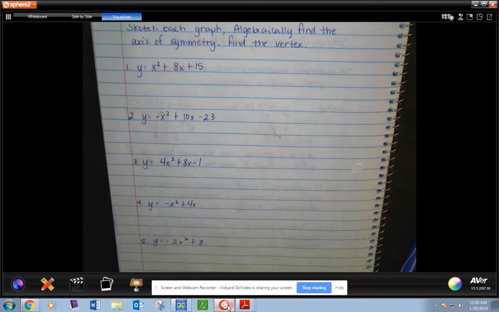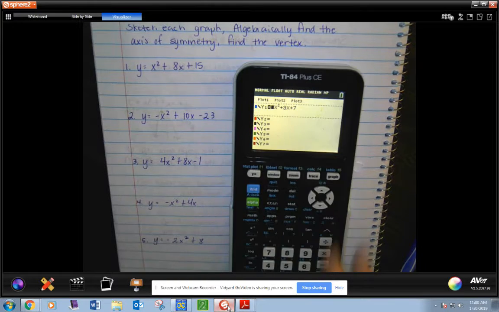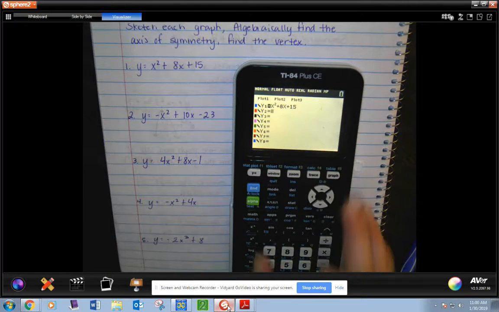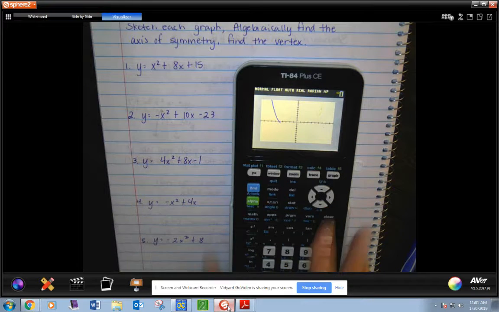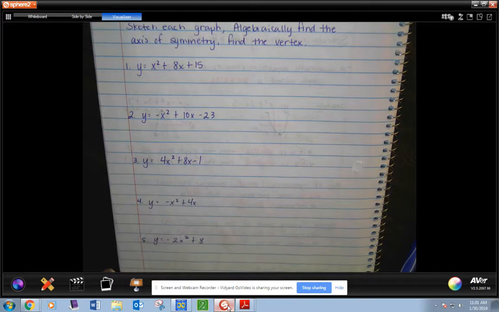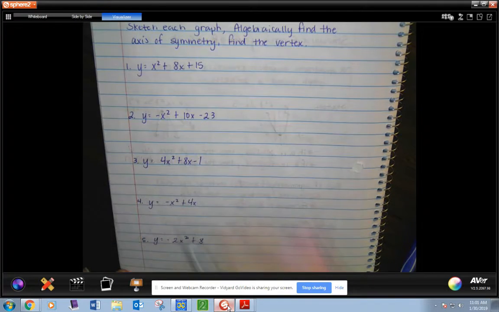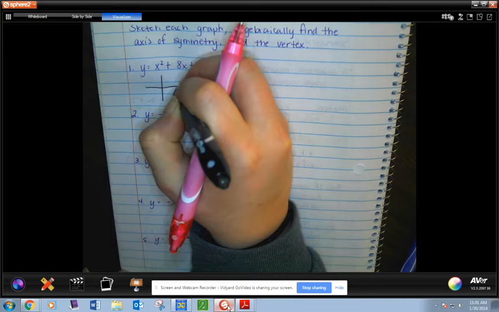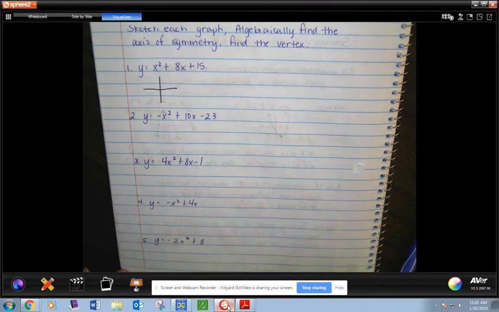Okay, so first thing I want you to do, sketch it. We're going to go to y equals. I'm going to put in x squared plus 8x plus 15. I'm going to graph it. And I'm not going to be as picky on your sketches this time. So what you are going to need, I want my x and y axis.